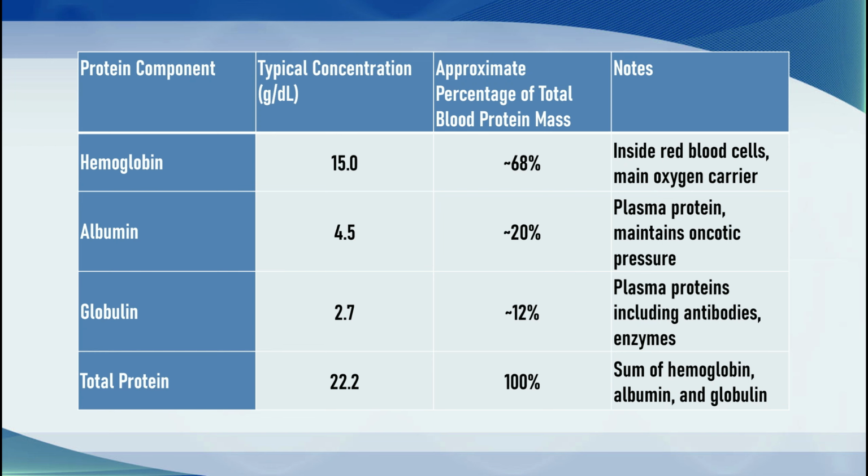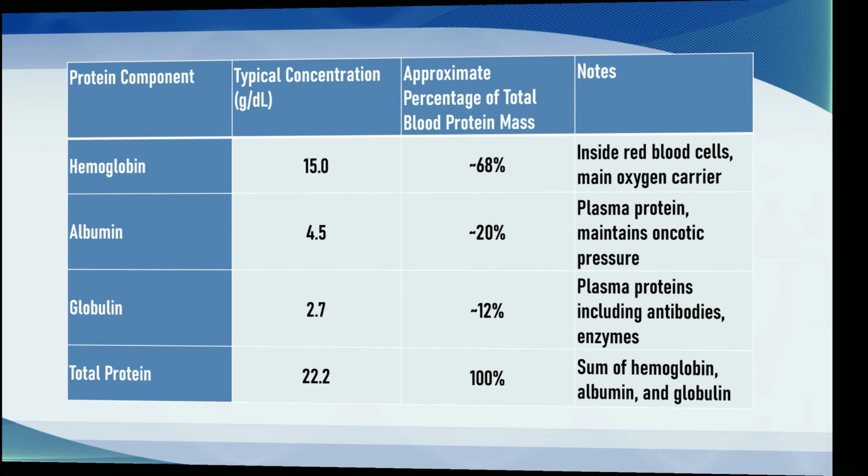So as a simple rule of thumb, 70% hemoglobin, 20% albumin, 10% globulin. Remember that the albumin and the globulin are in the plasma. The hemoglobin is inside the red cell, so that's an intracellular protein. The others are extracellular proteins.